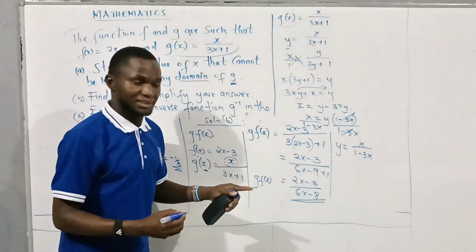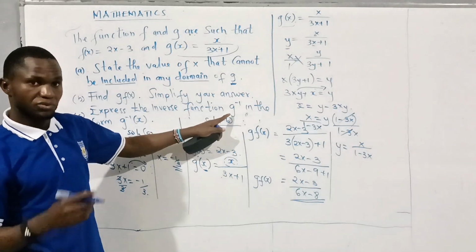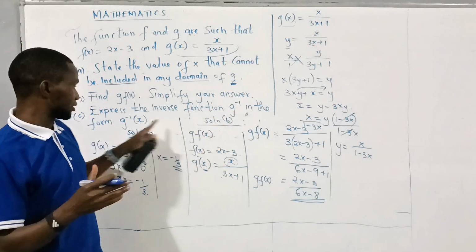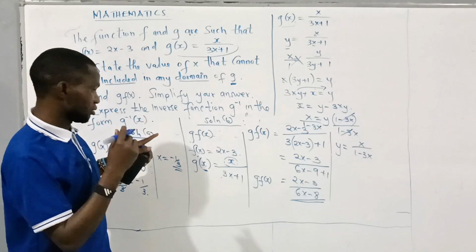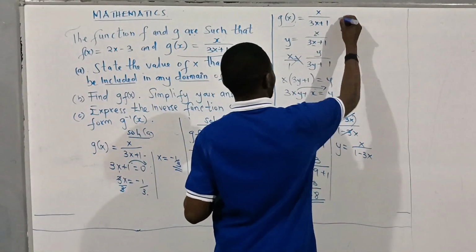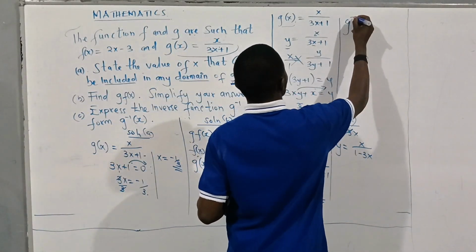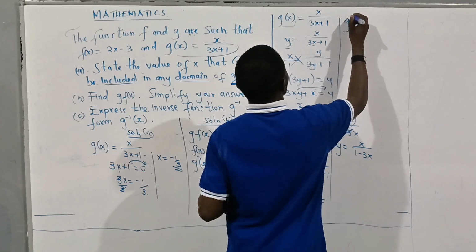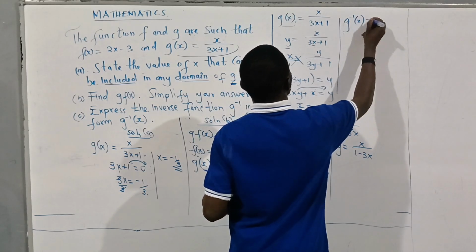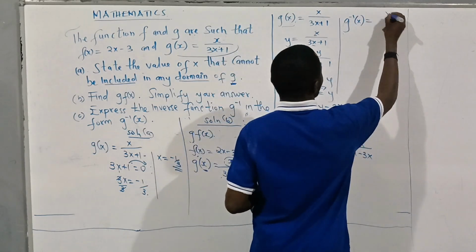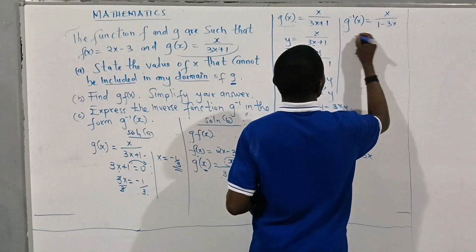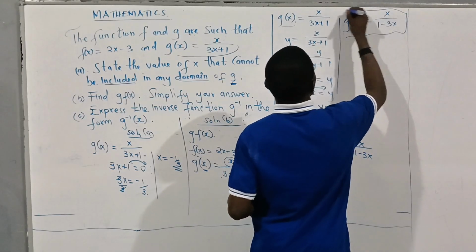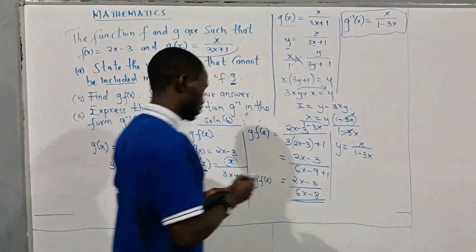That becomes the final answer. But remember, to completely get the inverse, you must write in the inverse notation. The inverse notation of g of x is like this, equal to x over 1 minus 3x. And this becomes the final solution.